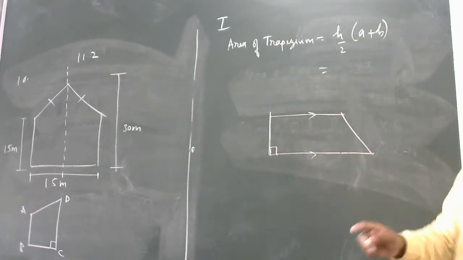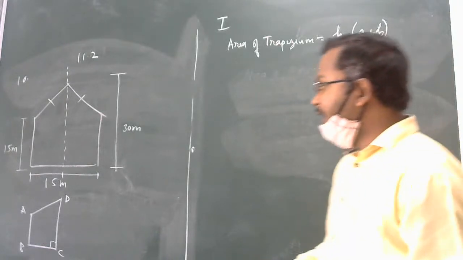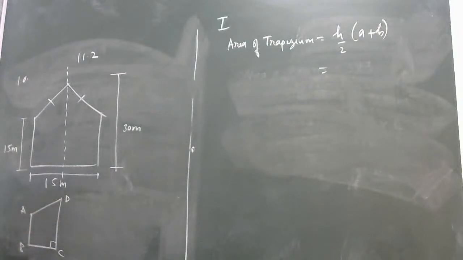In that figure, what is your height? D and C. This is your height. AB. AB is your height. That makes two, and what else is left? AD and BC. How will AB be the height? How will BC be the height?